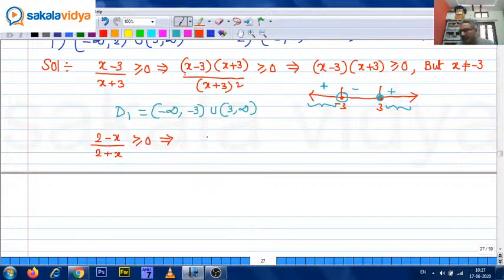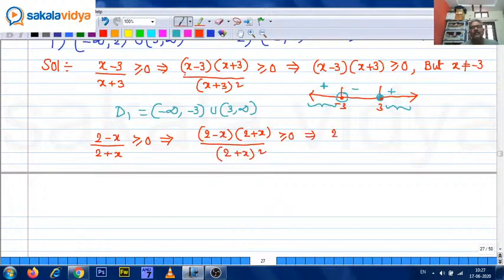Multiply both numerator and denominator of left hand side with 2 plus x. What do you get now? (2 minus x) into (2 plus x) upon (2 plus x) whole square greater than or equal to 0.